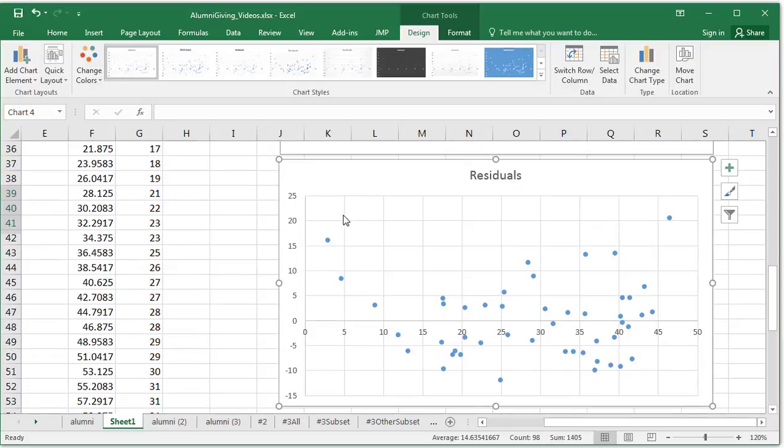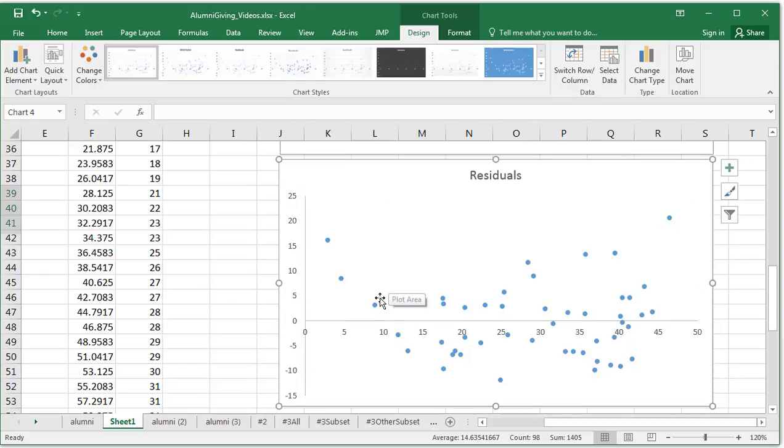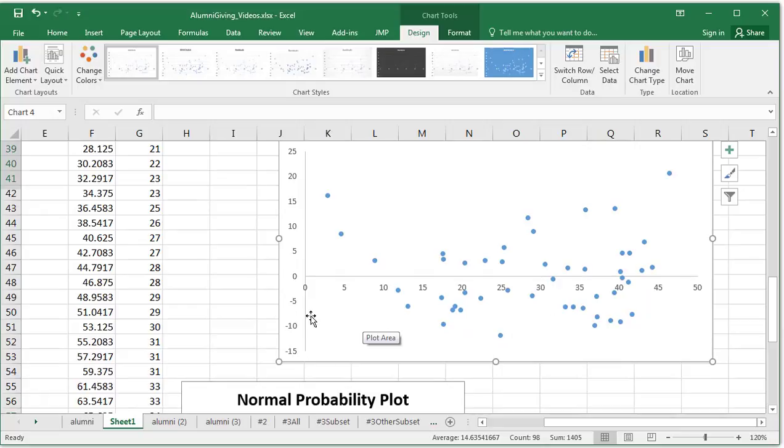Alright, so let me get rid of some of these grid lines. I plotted the residuals, but actually I prefer to plot the standardized residuals. So let me do that instead. That's actually not too difficult.